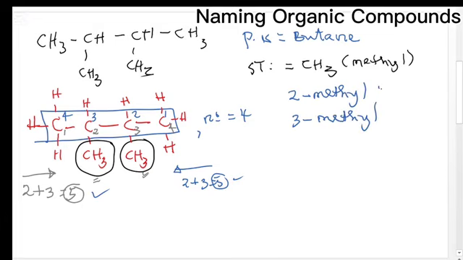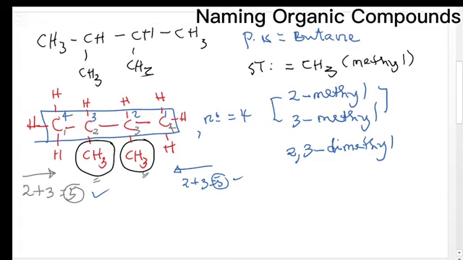Since I have 2 of the same substituent, I can collapse the numbering and use di, referring to 2 substituents of the same type. So this becomes 2,3. Because they are both methyl, it's going to be dimethyl. So the substituents here are 2,3-dimethyl.